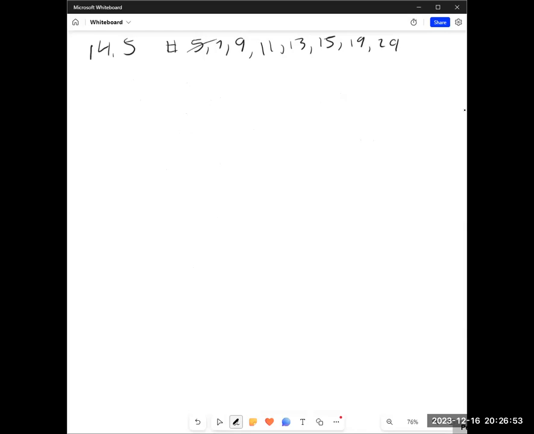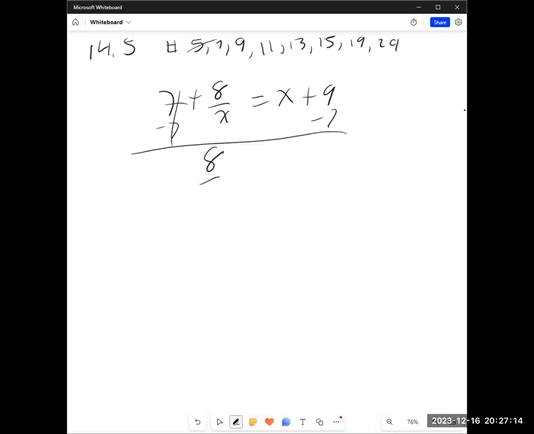Let's go ahead now and look at 7 plus 8 over x equals x plus 9. Let's go ahead and just subtract the 7 from both sides. 8 over x is equal to x plus 2. x can't be 0 here.